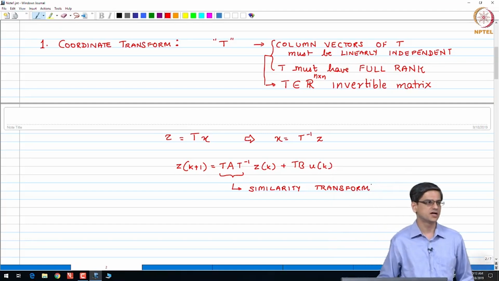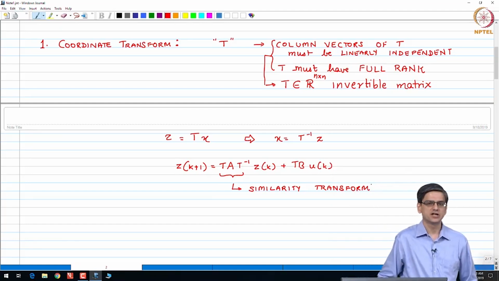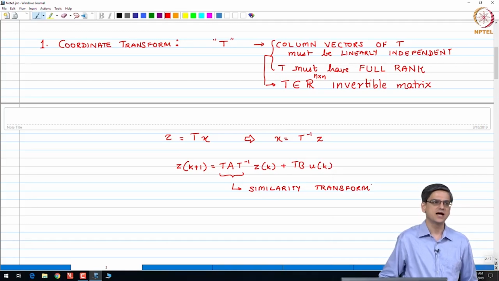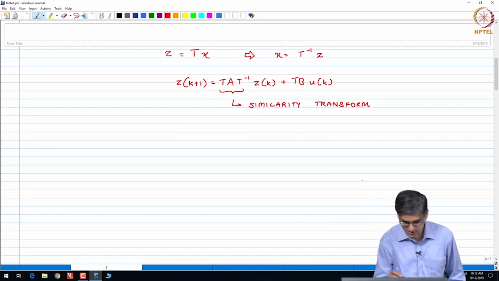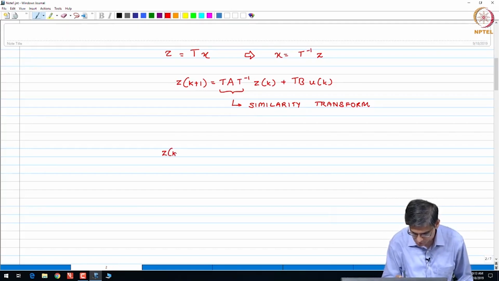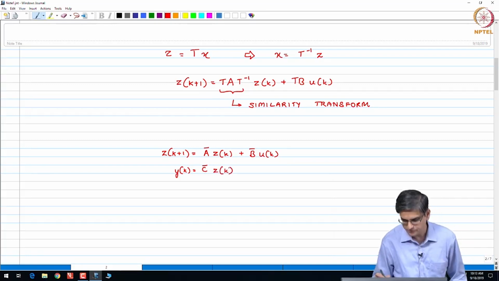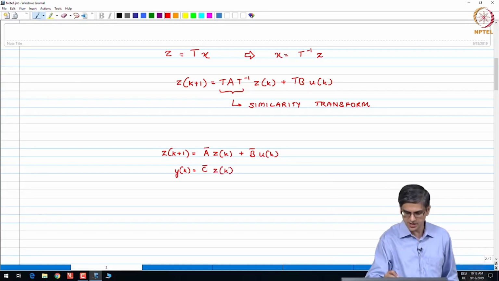Okay, we talked about similarity transform. There are various properties of similarity transform. One of the main properties is that the eigenvalues of two similar matrices remain the same. So, you would be able to write this as, okay. So, now this A bar and this A, these are similar matrices.